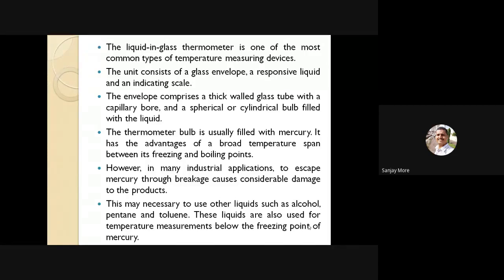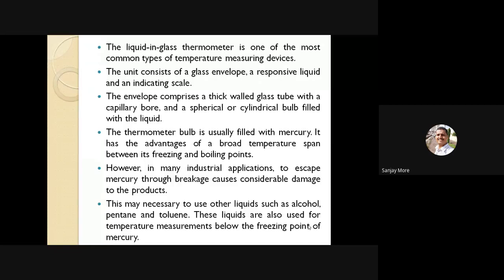It has the advantages of a broad temperature span between its freezing and boiling point. Full stop and next line.